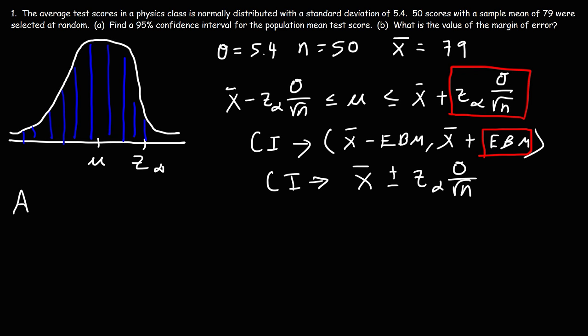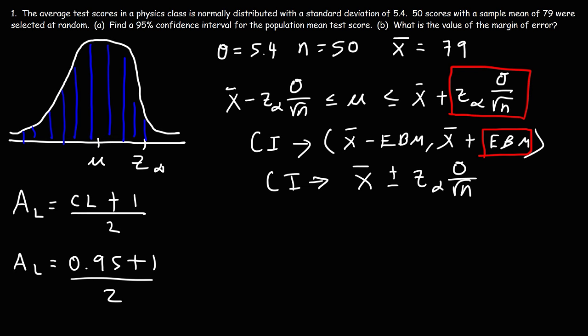The area to the left is going to be the confidence level expressed in decimal form plus 1, divided by 2. So the confidence level is 95%, that's 0.95 as a decimal. So this is going to be 1.95 divided by 2. And so you should get 0.975 for the area. So that's the area of the shaded region.